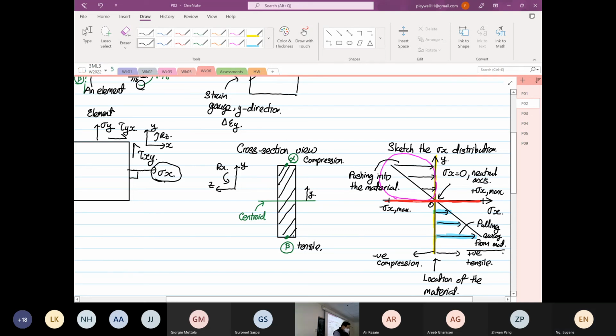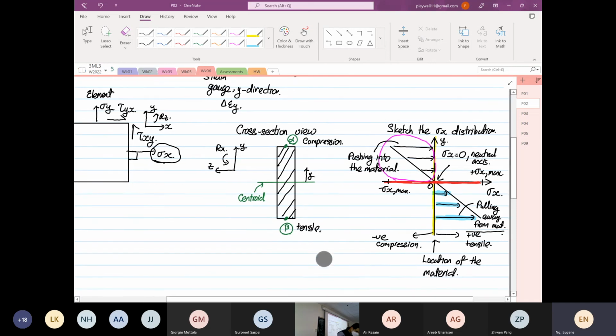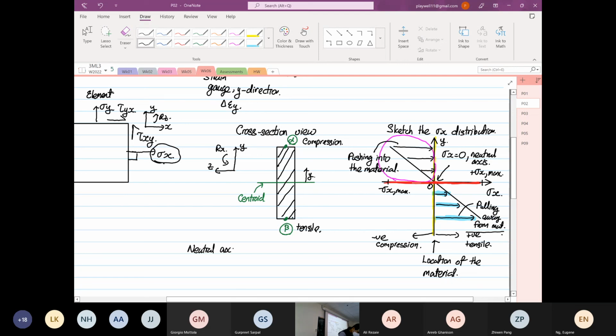So the neutral axis is where the normal stress is equal to 0, or stress X is equal to 0.